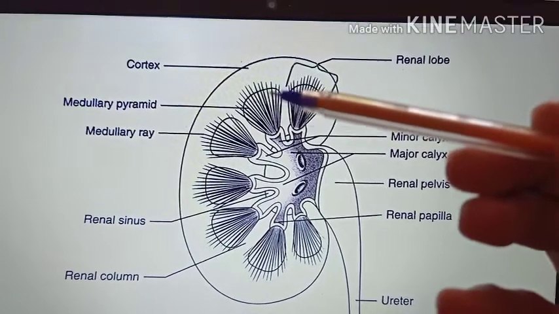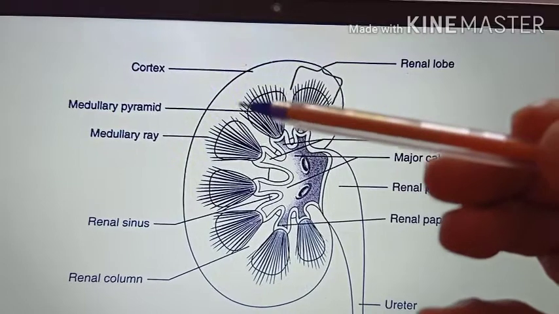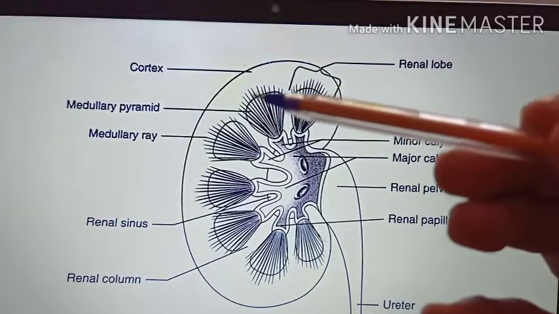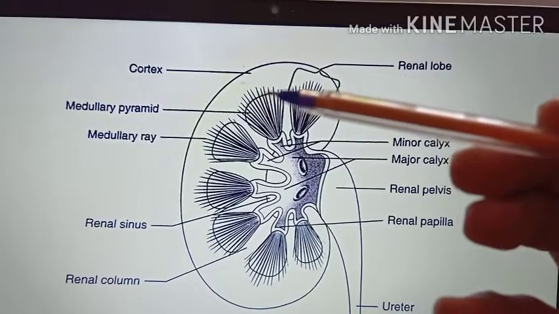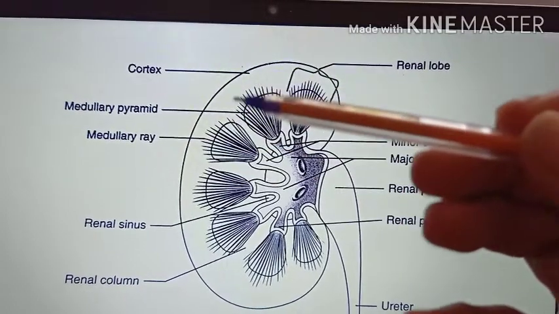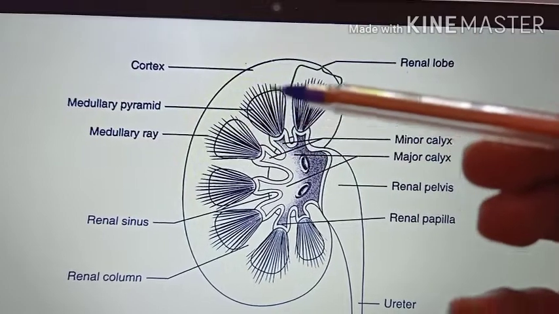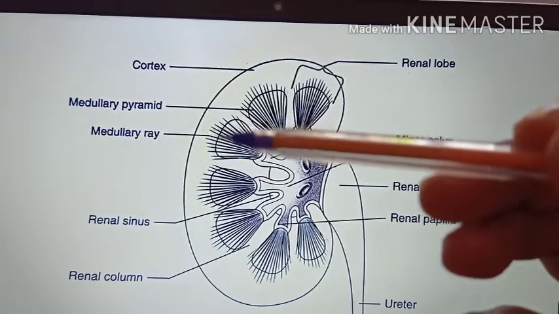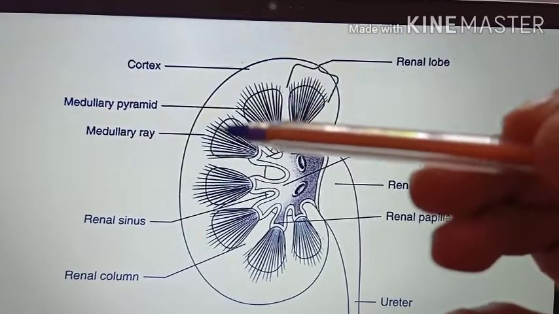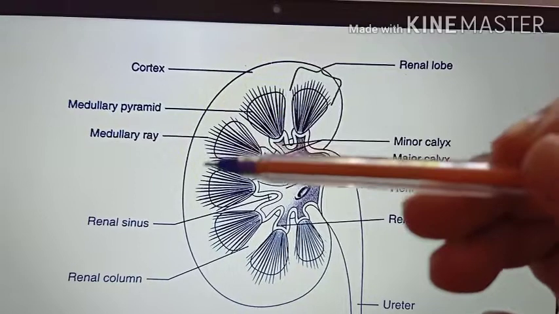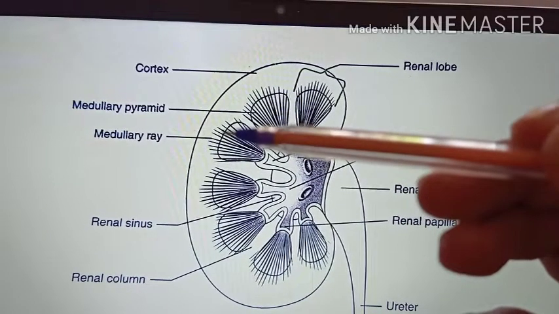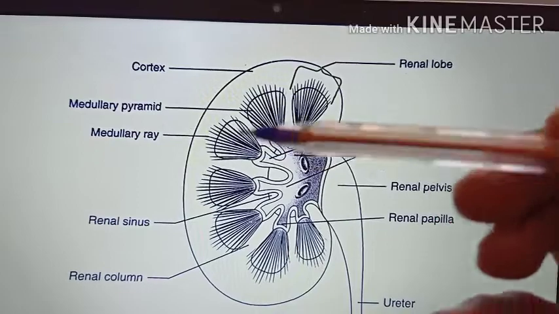This is the base of the pyramid, and these projections pass from the base towards the outer cortex and are called the medullary rays. These rays, the striations you can see, pass from the base of the pyramid towards the outer cortex.